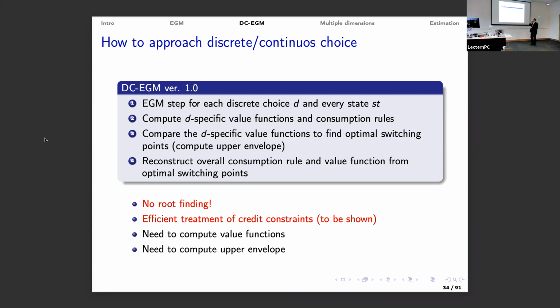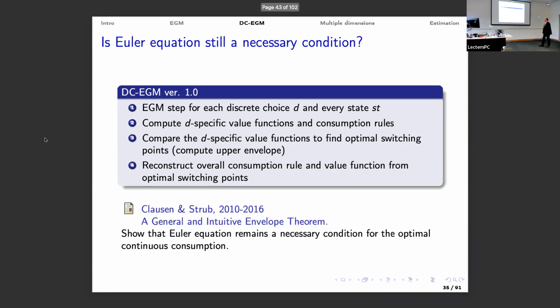And we need to compute the upper envelope. So that seems to be the additional computational work, but it doesn't seem to be that bad. Okay, now another question is, can we still use the Euler equation in presence of discrete choices? And fortunately, there's this paper, I don't think it's published still, which actually proves that the Euler equation holds. There's a special upper envelope theorem that allows you to derive the Euler equation pretty much in the same way.